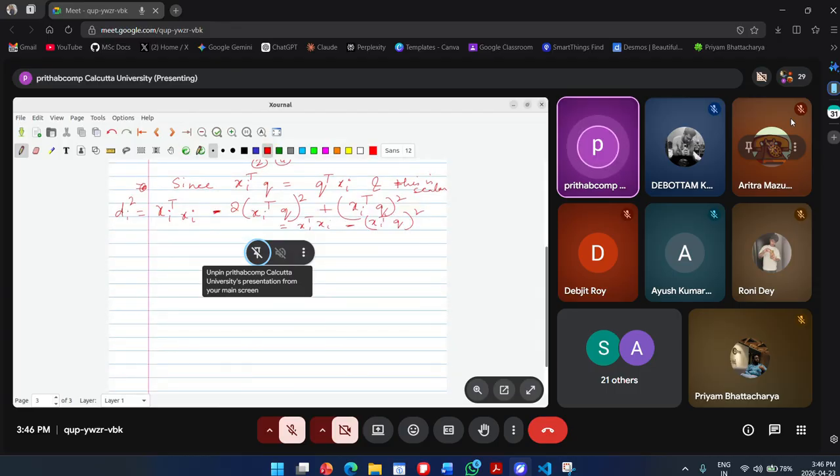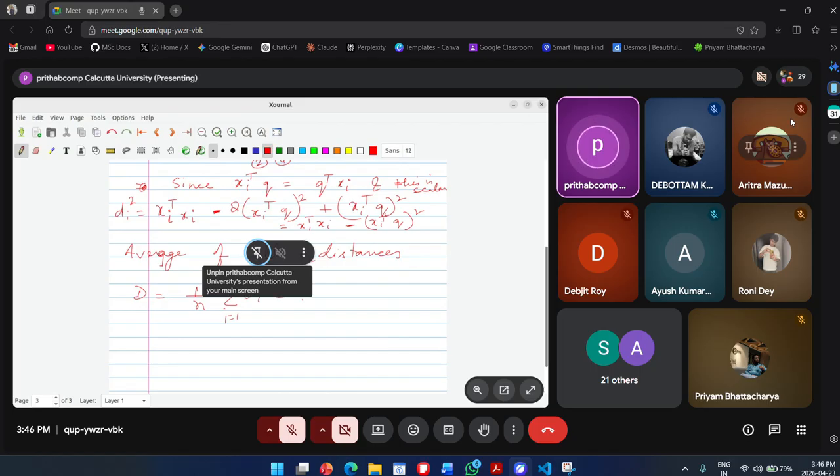This is for a single variable xi. Now we are going to do the average distance square, right? Average of all n distances, in fact. So that d, if I write it, becomes 1 by n summation i equal to 1 to n di square.